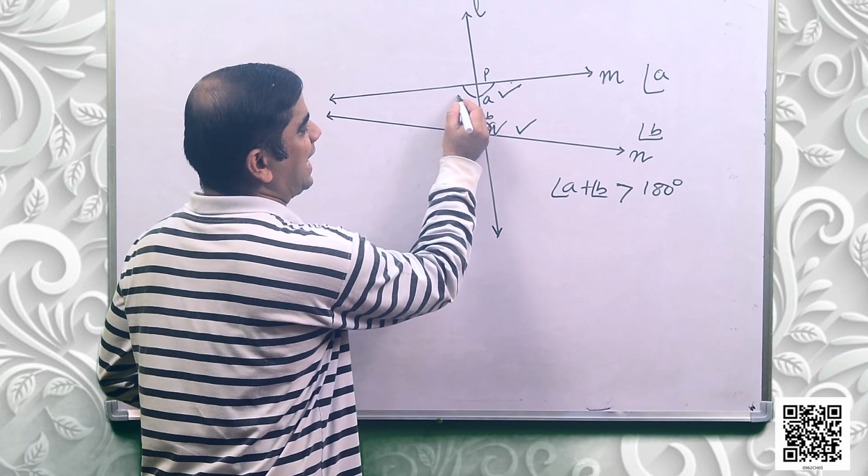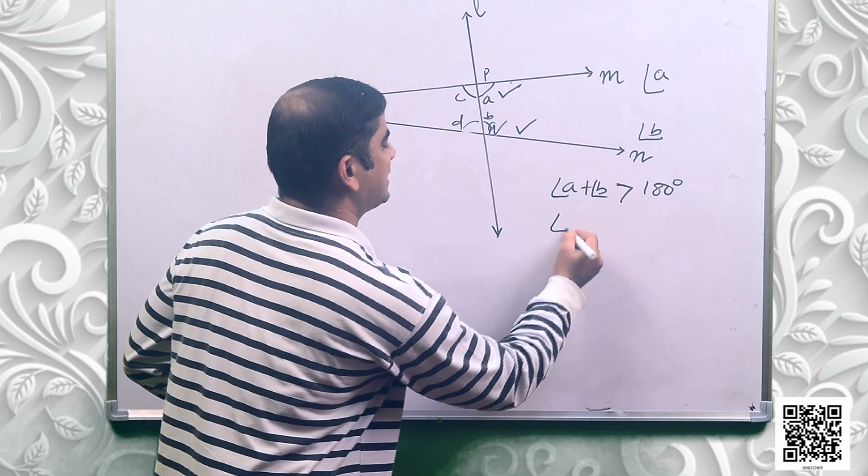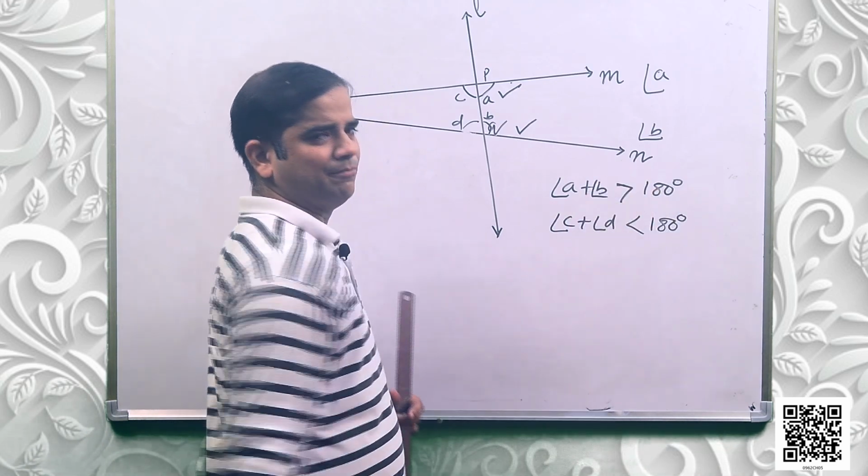And if I write the other two as angle C and angle D, we have already proved that angle C plus angle D is less than 180 degrees.